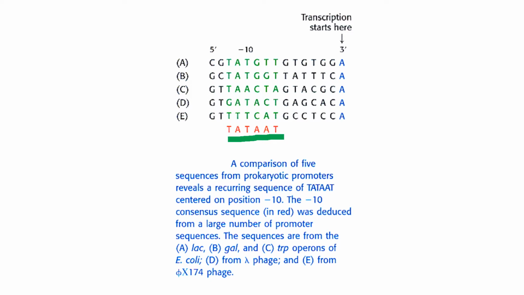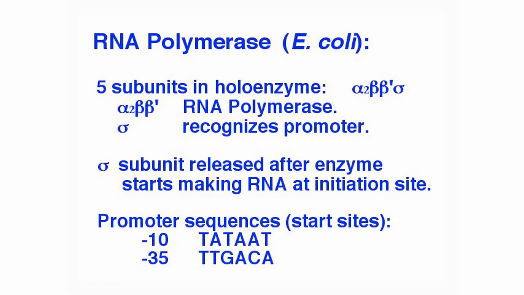So now we want to look at the question of how does RNA polymerase recognize the promoter region and the transcriptional start site. And we're going to look at the polymerase from E. coli. The RNA polymerase complex consists of 5 subunits. 4 of these are always part of the complex: alpha 2, beta, and beta prime.